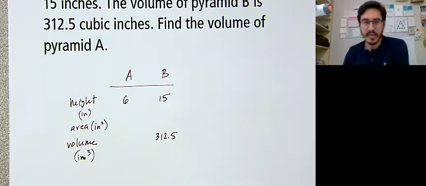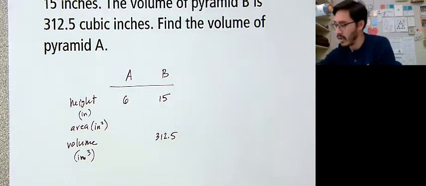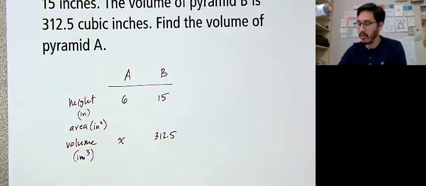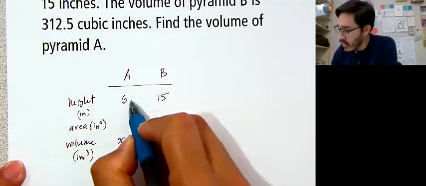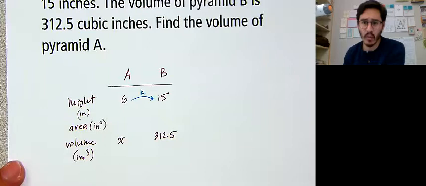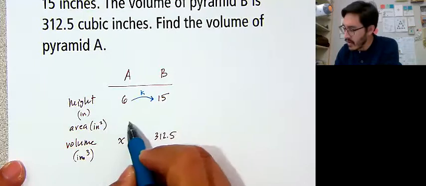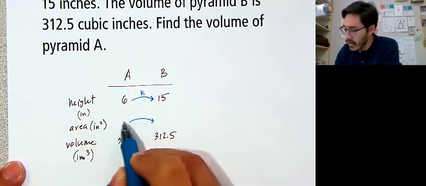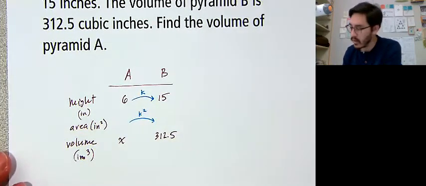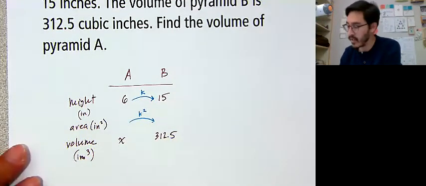So the scale factor will increase with the dimensions. Let's write X here, which is going to represent the volume of pyramid A. We can figure out the scale factor, which I'll call K, between the heights, the one-dimensional measurements of pyramids A and B. For area, the scale factor would apply twice, so we'd have K squared since area is two-dimensional.